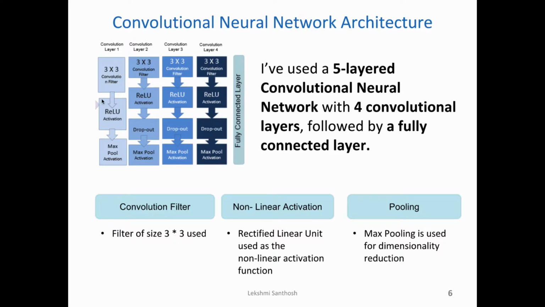The first layer, however, does not have dropout, and in a subsequent slide, I'll explain the design decision to use dropout. All the 4 layers use a 3x3 convolutional filter, followed by an activation function and max pooling for dimensionality reduction.